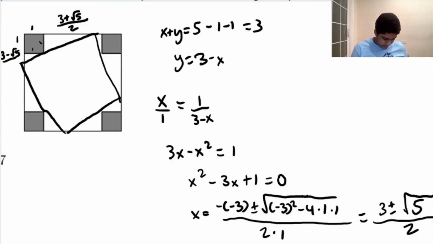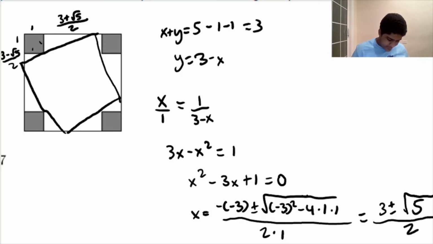Now we can use the Pythagorean theorem to find the square of the side length of this square, which is the area of the square. So we use the Pythagorean theorem on this triangle right here.